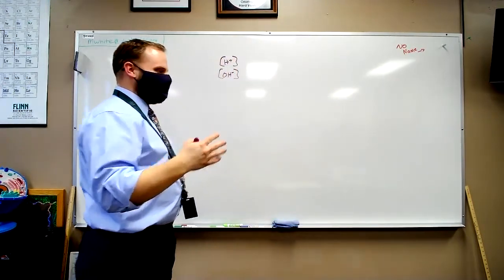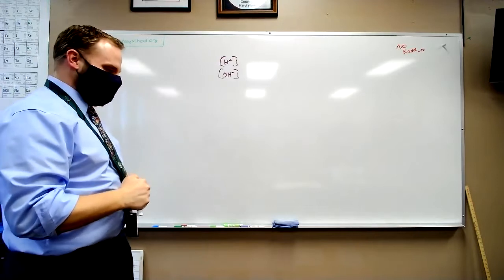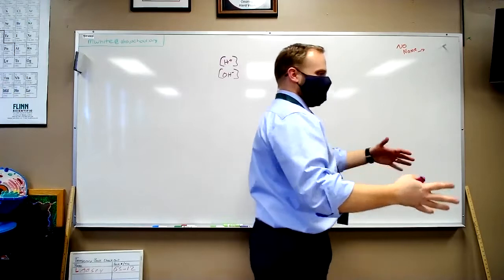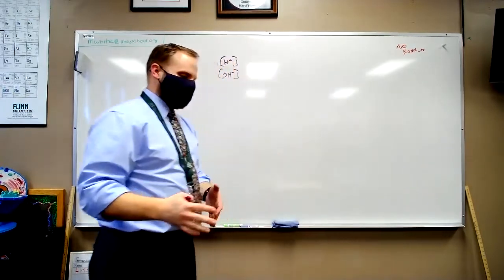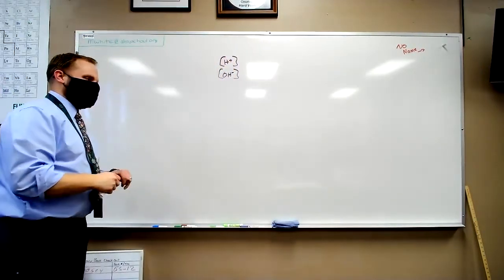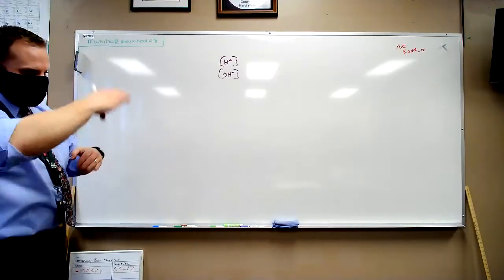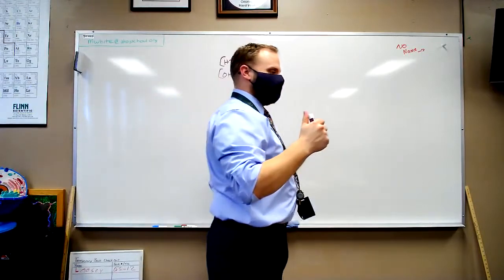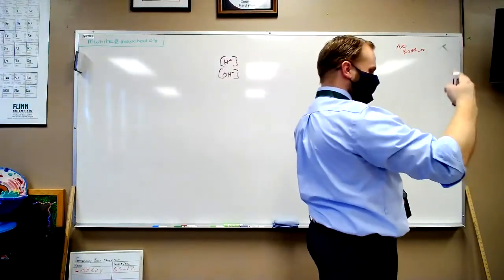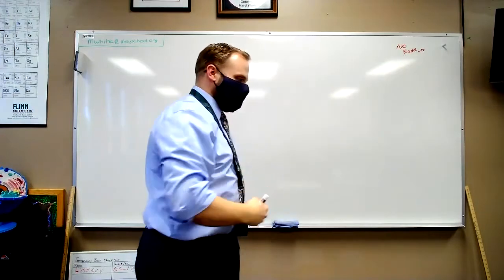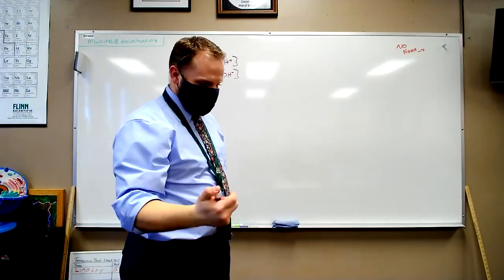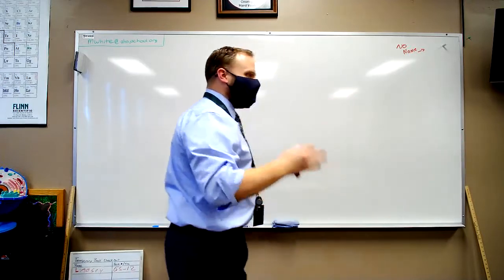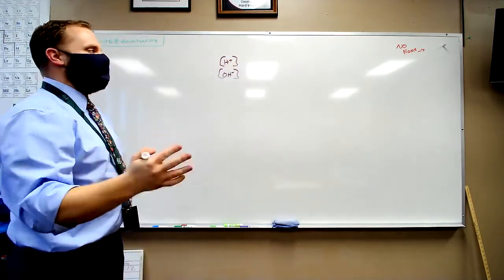Largely, we can break acids into two groups, what we call strong acids and weak acids. Even within strong acids, we can have some that are stronger than others. But strong acids, weak acids. Okay? And really, what the difference is.